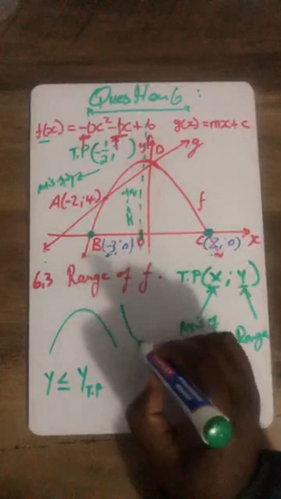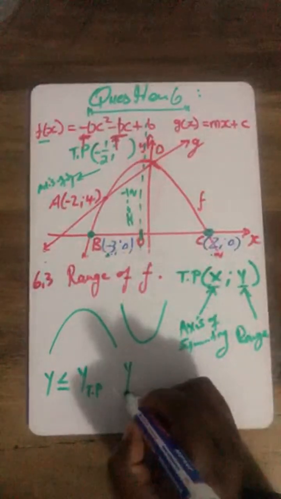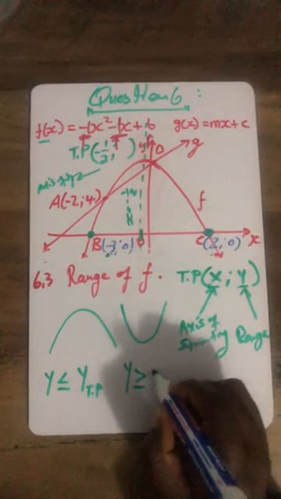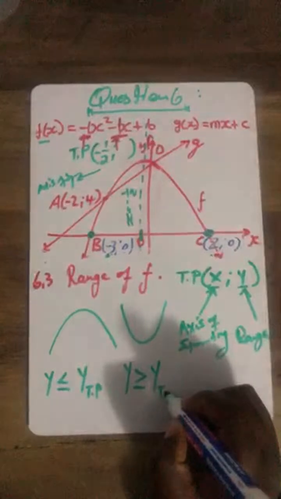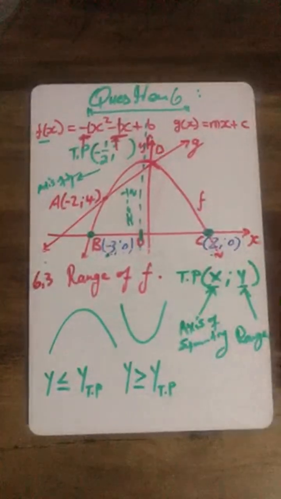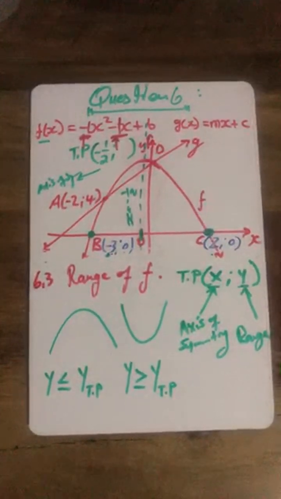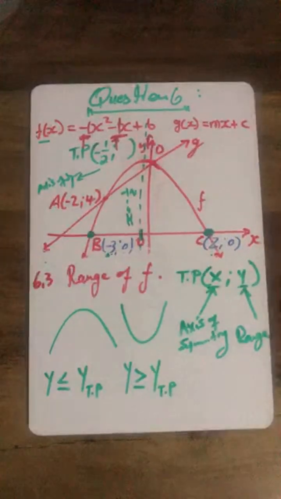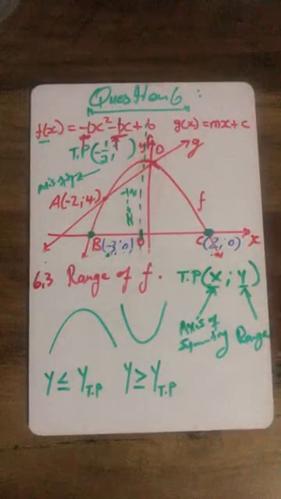But if it is a smiling shape, this is where you will say y is greater than or equal to the y value of the turning point. Yes. So I'm challenging you to find the turning point of that and tell us what the range is. I've given you enough hint on that one, honorable members, or members who are honorable.